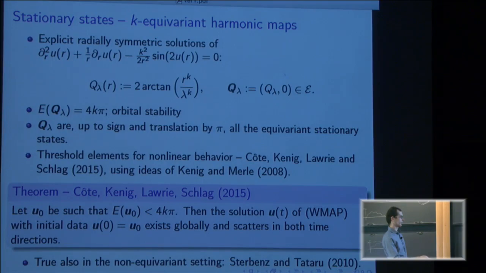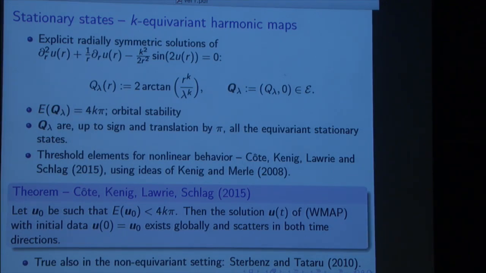This was proved for some more regular solutions by Sterbenz and Tataru in the non-equivariant setting. Here the point is that this is an optimal result, of course, because the assumption is energy strictly smaller than 4kπ.